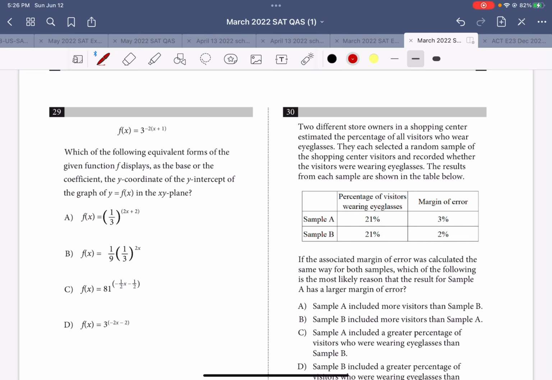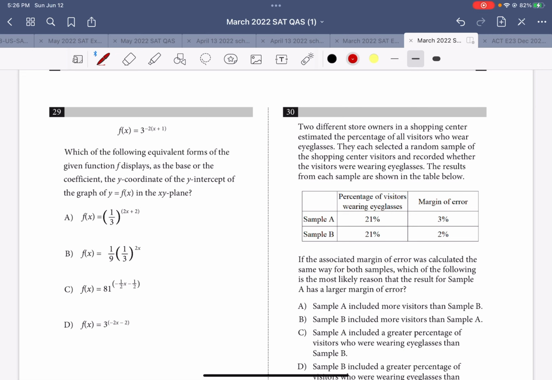Number 30. Two different store owners in a shopping center estimated the percentage of all visitors who wear eyeglasses. They each selected a random sample of shopping center visitors and recorded whether the visitors were wearing eyeglasses. The results from each sample are shown in the table below.